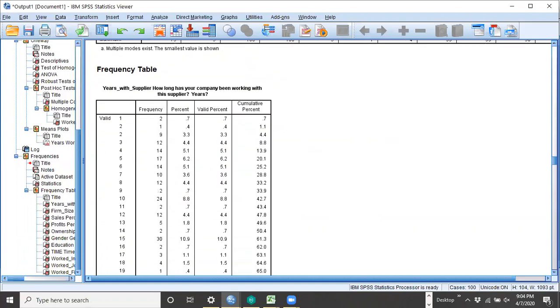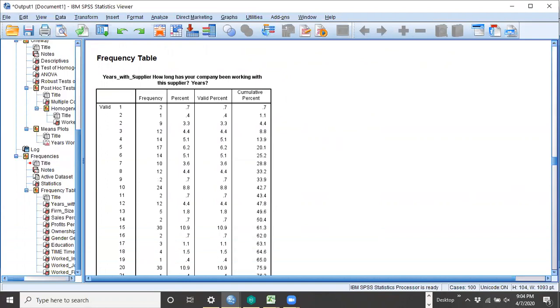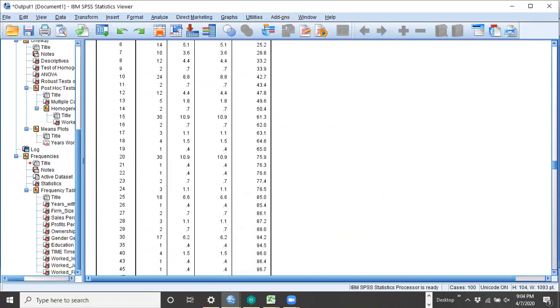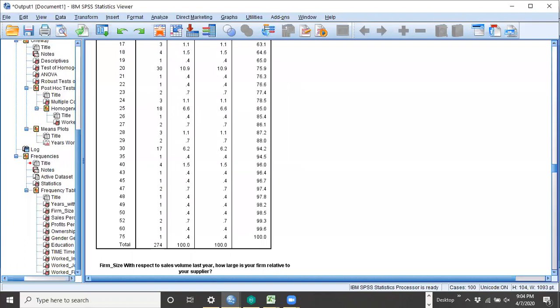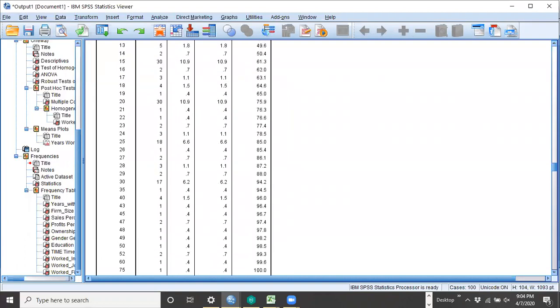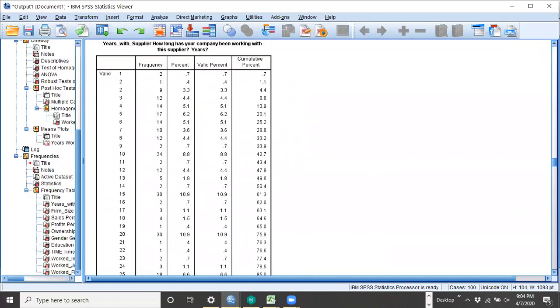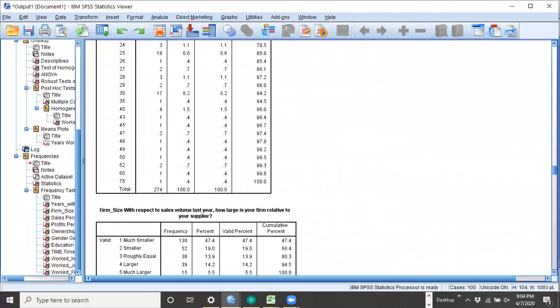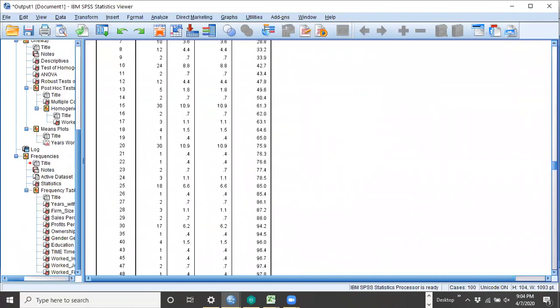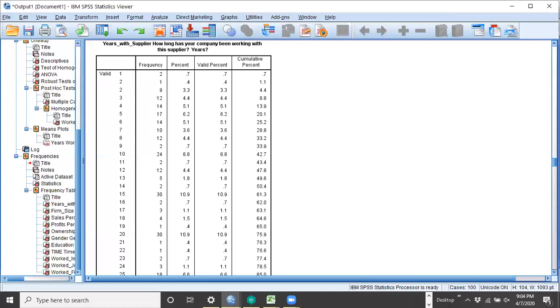As you can see, it is in basic years, so there are no ranges, not 1 through 5, 6 through 10, which would be ordinal level measurement. Because this one is just raw observation of years, it is a ratio level of measurement, because 0 means absence of the phenomenon, the increases are equal, and so on.